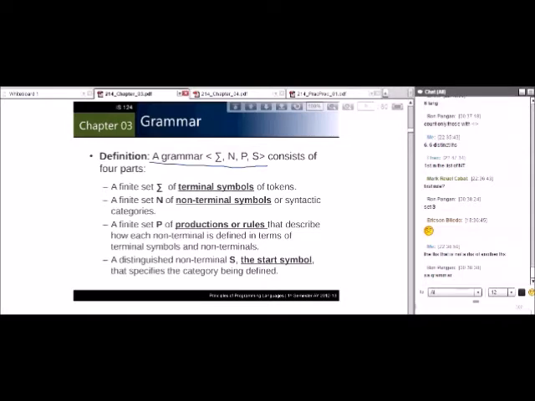Usually, in a practical sense, in your quiz on Saturday, this is usually given, the start symbol. Because the start symbol is your starting point, this is the root. So every programming language, the symbol is already defined.